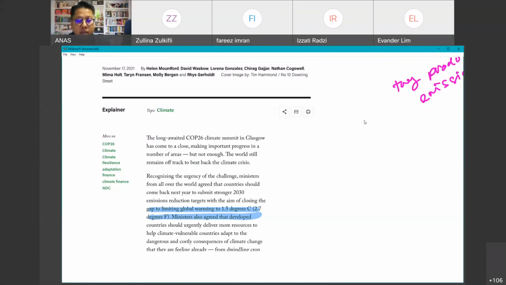Because if we keep on the track that we are right now, meaning that pollution is uncontrollable, we do not move from conventional energy, which is hydrocarbon fuel, and we do not move into renewable energy, for the next 100 years, we will have an increase of temperature between 2.5 to 3 degrees Celsius.